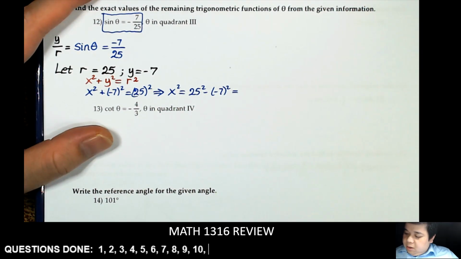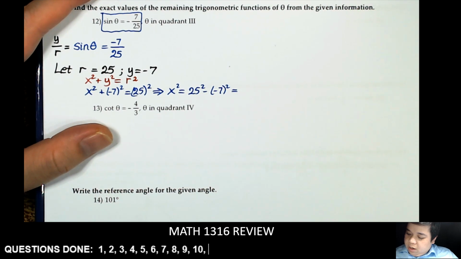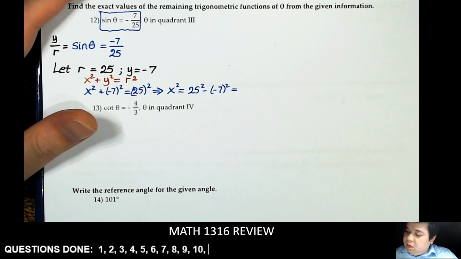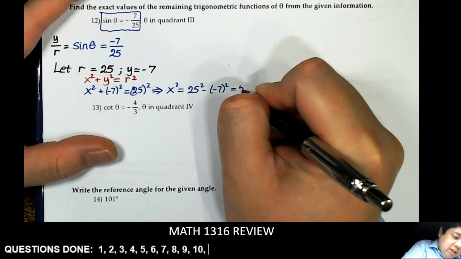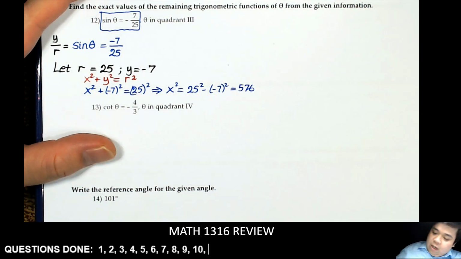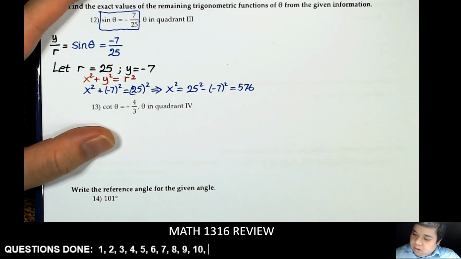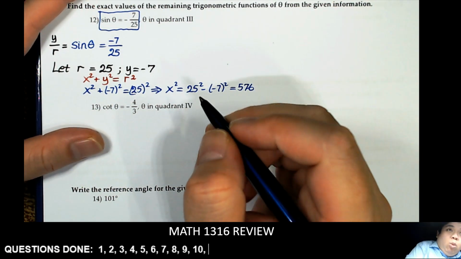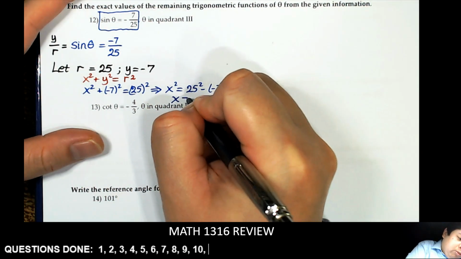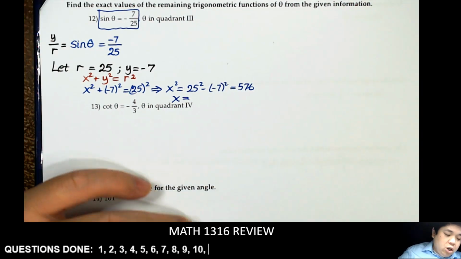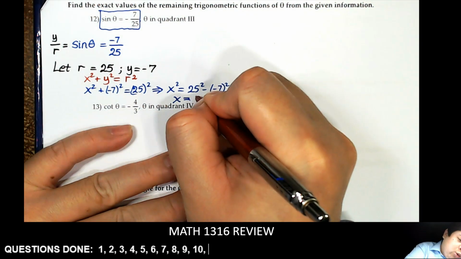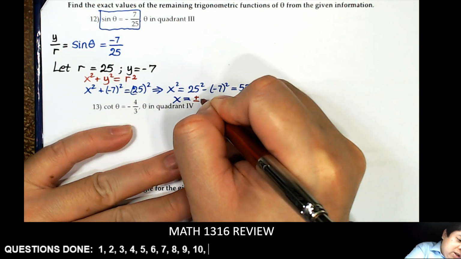We have 25 squared minus 7 squared, which is 49, so 576, and the square root of that is 24. One thing we need to pay attention to is x squared equal to 576. If we take the square root on both sides, there should be a plus or minus.